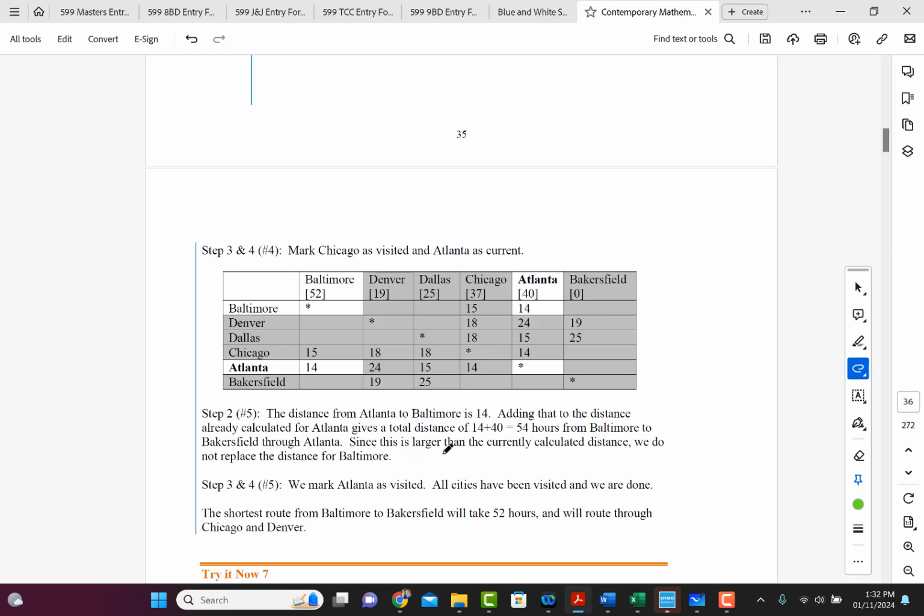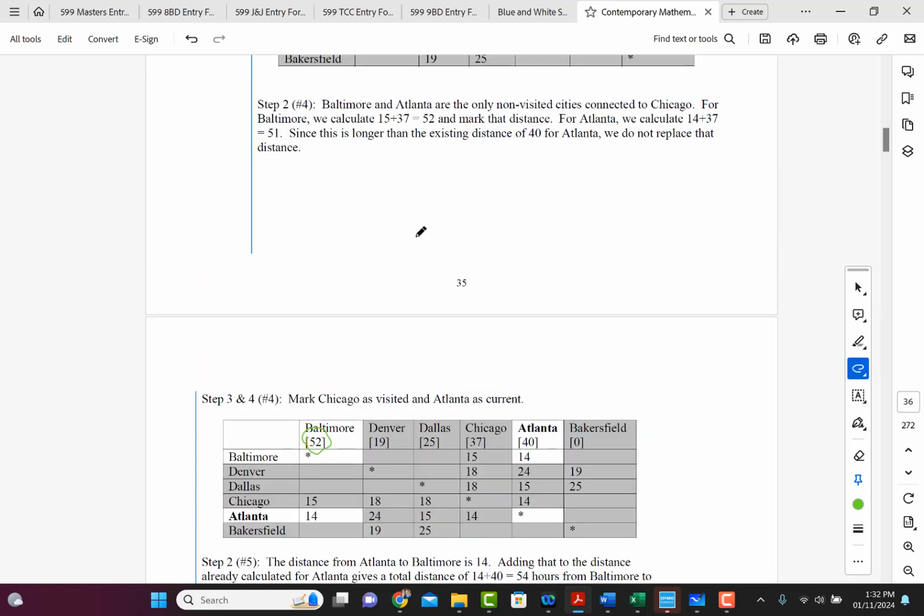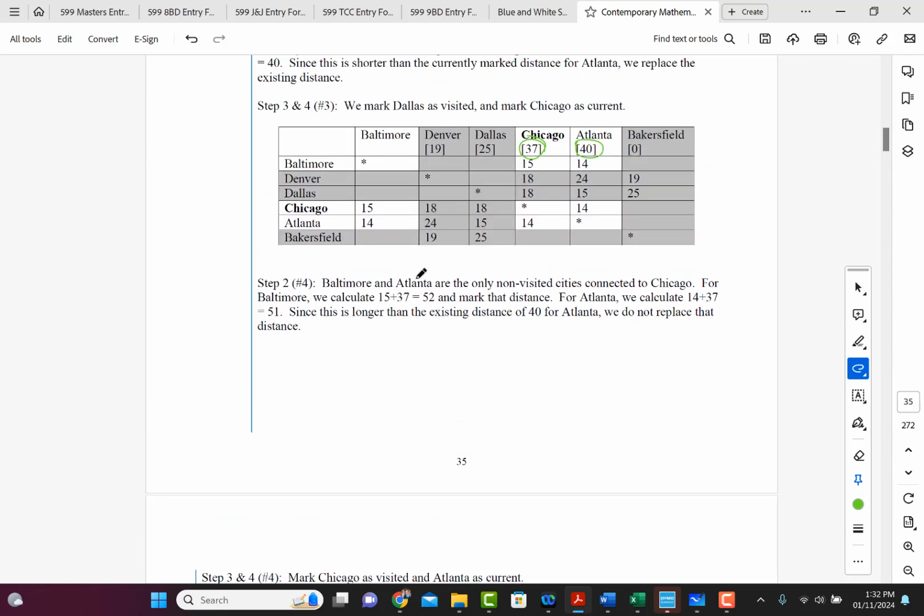Since this is longer than the currently calculated distance, we do not replace the distance for Baltimore, which is 52, which we got up here.